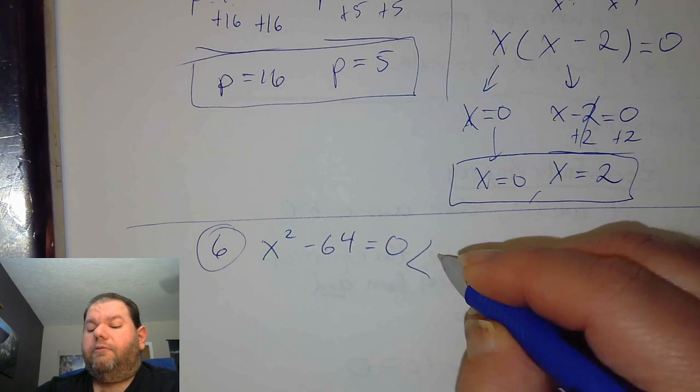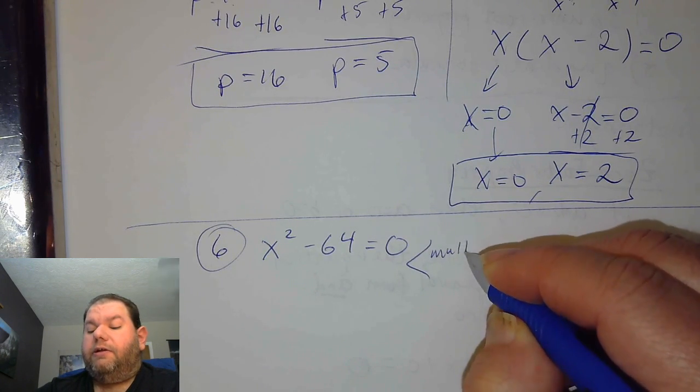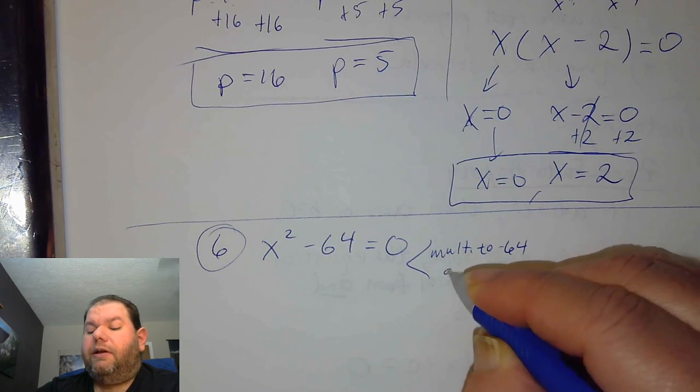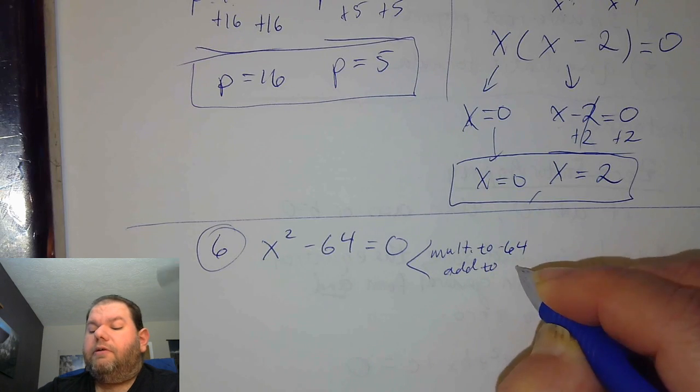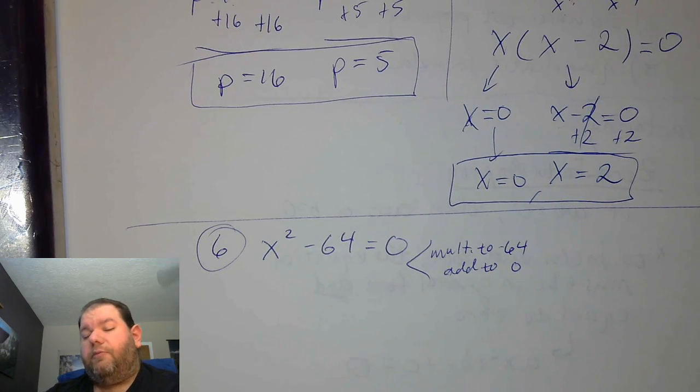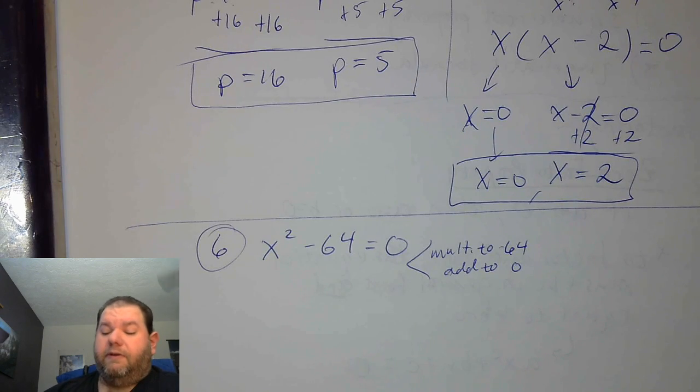Well, we need two numbers that multiply to negative 64 and add to 0, because again, we don't have any term between those two that would normally be there. X plus 8 and x minus 8.